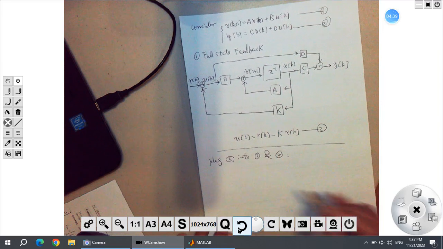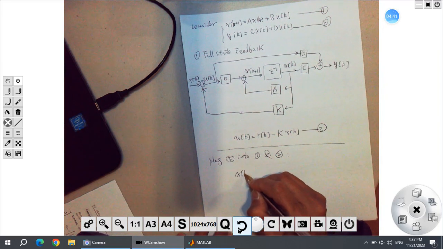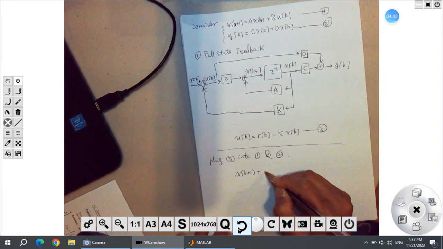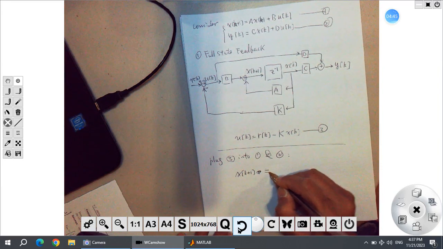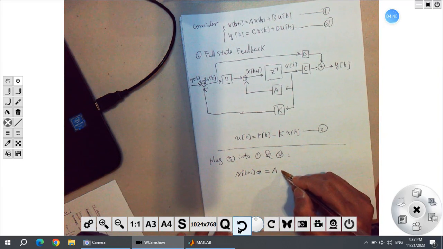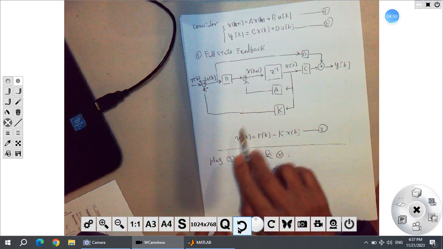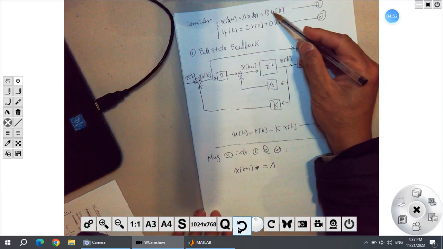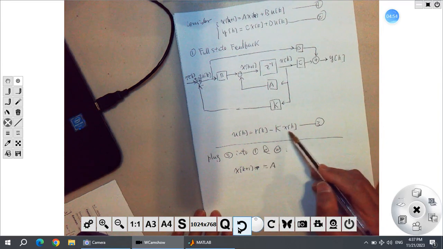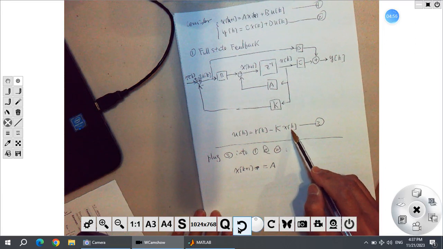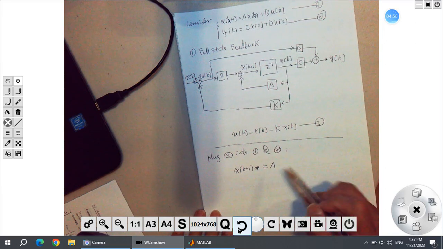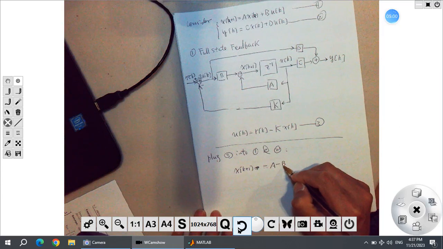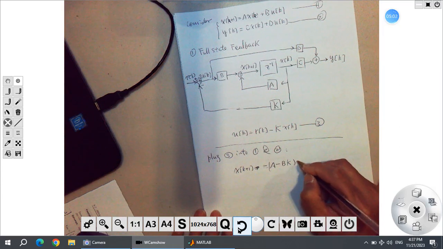Then we have x of k plus 1 equal to A times x of k plus B times u, and u has another x of k, so it's minus B K x of k.